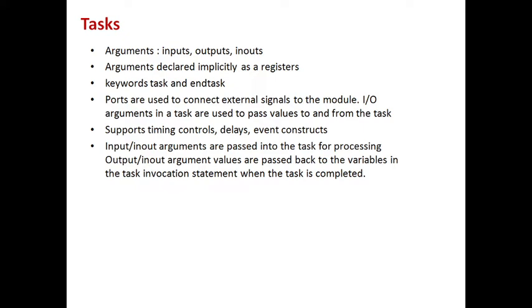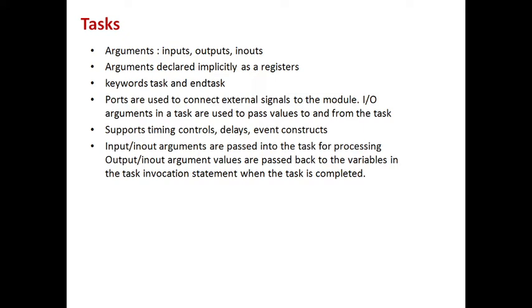Similarly, inside the environment I have a module, and inside my module I have a task block. For the module I will have input and output ports. For the task block I will have input, output or inout arguments, such that the inout arguments in the task are used to pass values to and from the task.